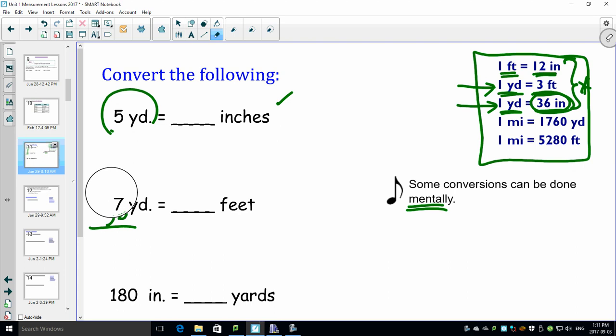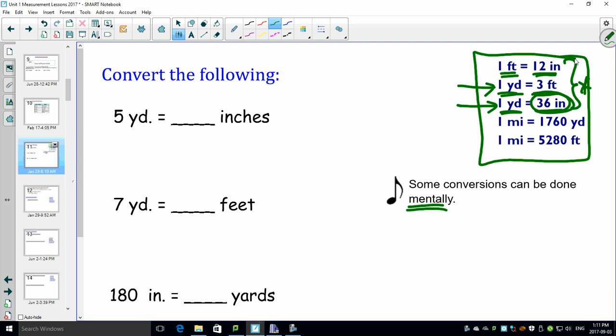But I like dimensional analysis when it comes to something like this. I like what you learned in the first podcast. Case in point, look at this. 5 yards, you know and I know, yards has to go on the bottom. What you want to convert it to goes on top. That's inches. Then all you have to do is look over at the chart: 1 yard is 36 inches. So it's 5 times 36.